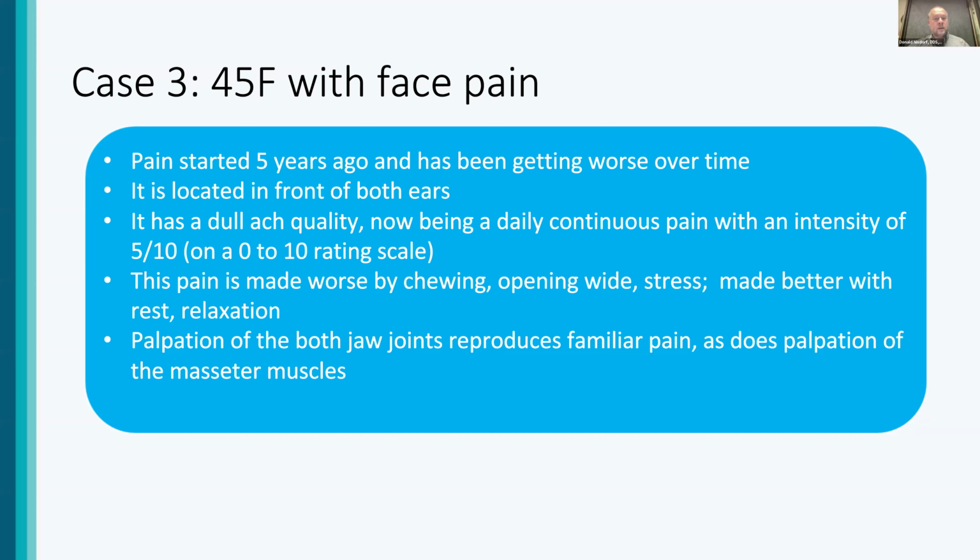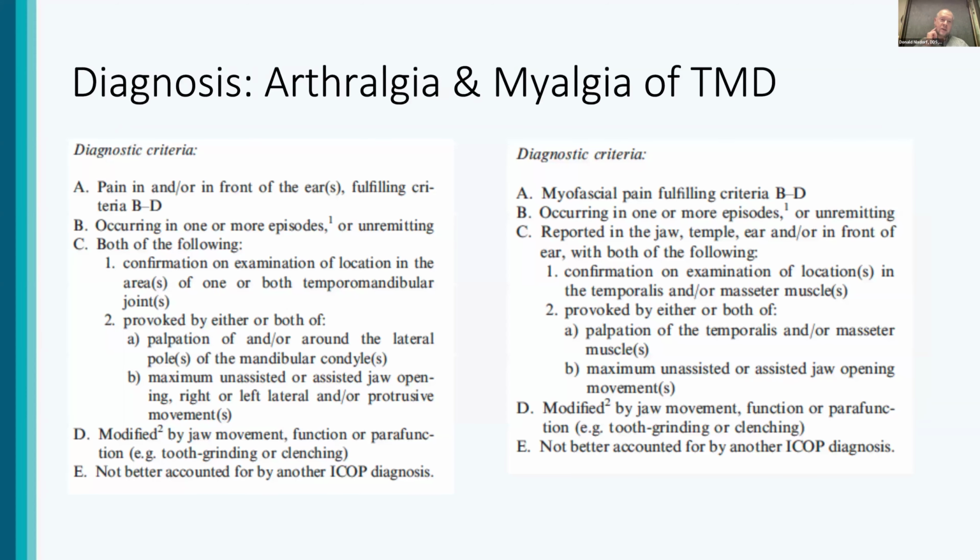And so for this diagnosis, the key components are the provocation component, where it's made worse, and the patient saying, yes, that's familiar. And people probably figured it out that this is TMD. And what I gave you is a classic presentation of TMD. And what you'll see here is on the left the diagnosis for arthralgia, and on the right the diagnosis for myalgia, the two different versions.